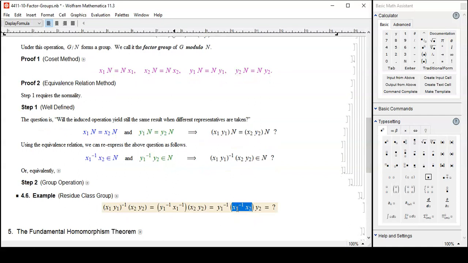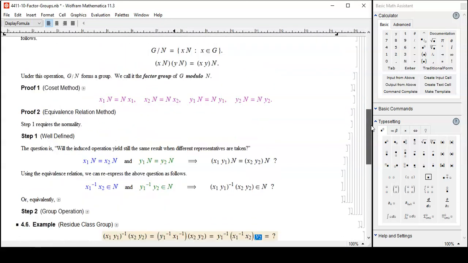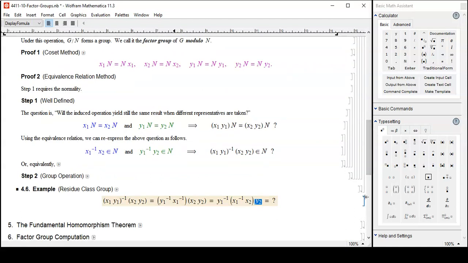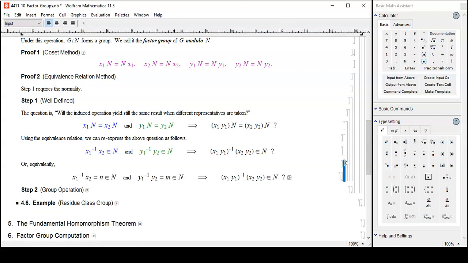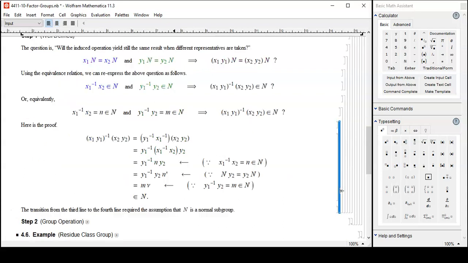So this is a member of this normal subgroup capital N. And then we have to use this normality property, and then maybe switch order so that I can put y1 inverse y2 like that, so that we have another left coset relation. That's the idea. Is that something we can do? Yeah, we use the inverse formula and put the middle together.